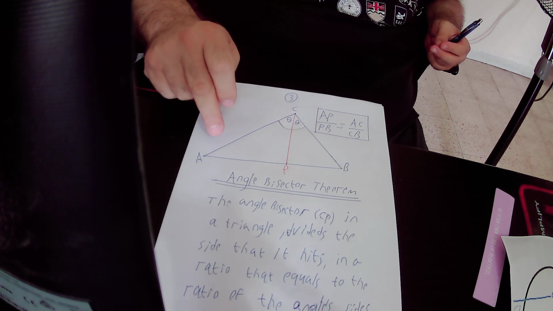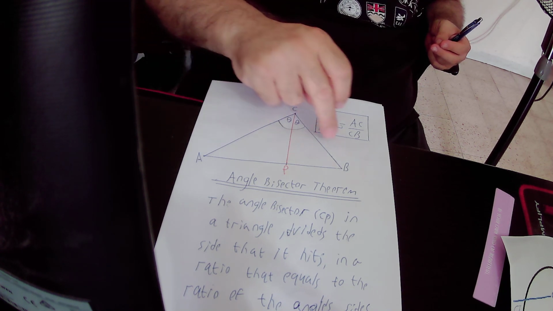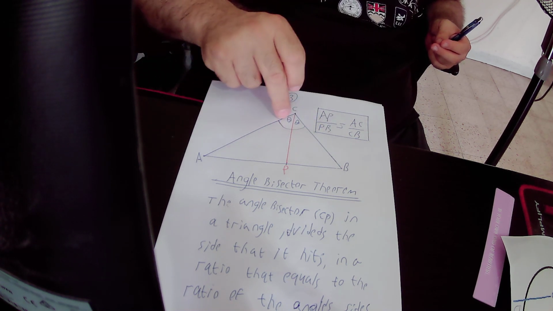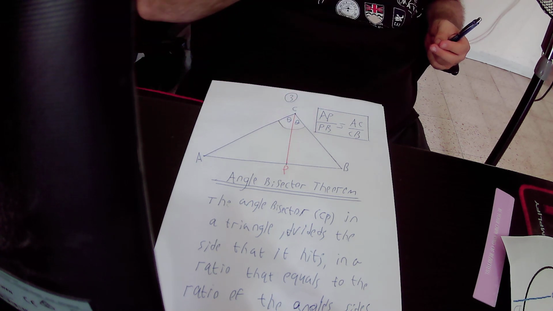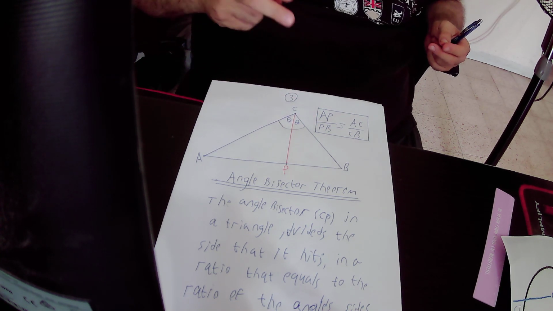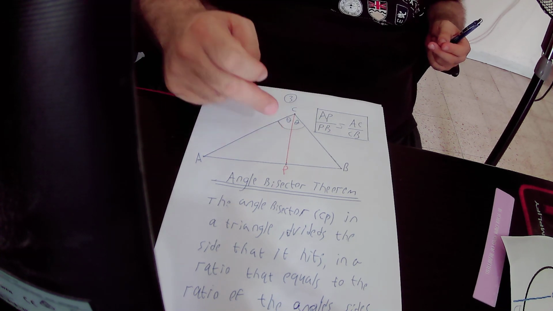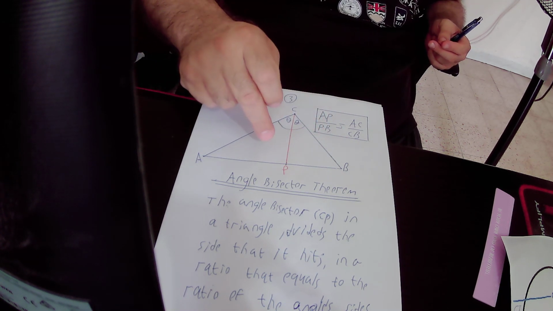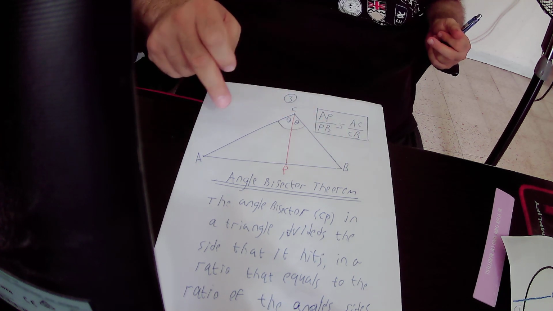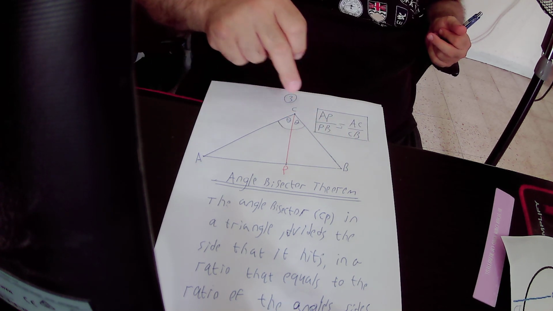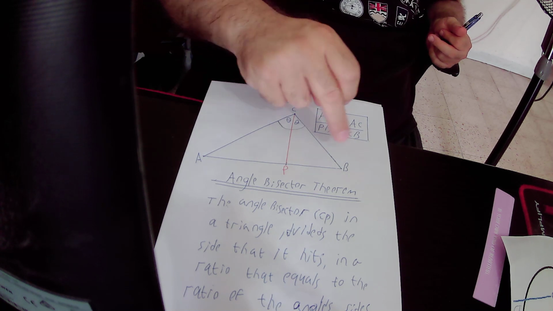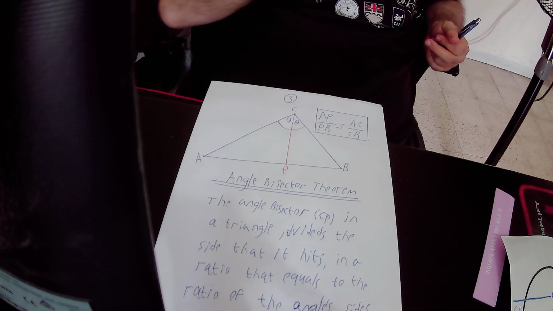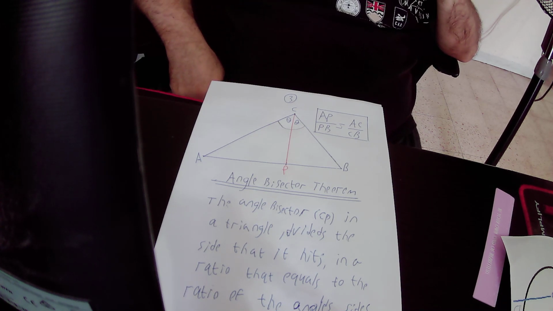And the ratio between the angle's sides is AC over BC. Okay, so the ratio in which CP divides AB, that is to say AP over PB, equals the ratio of the angle's sides, that is to say AC over BC, or AC over CB, it is the same. Okay?